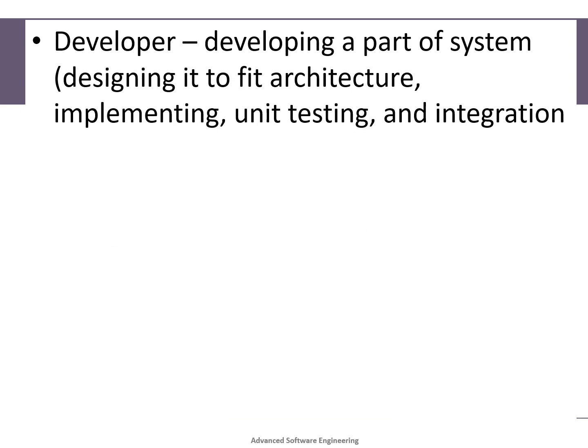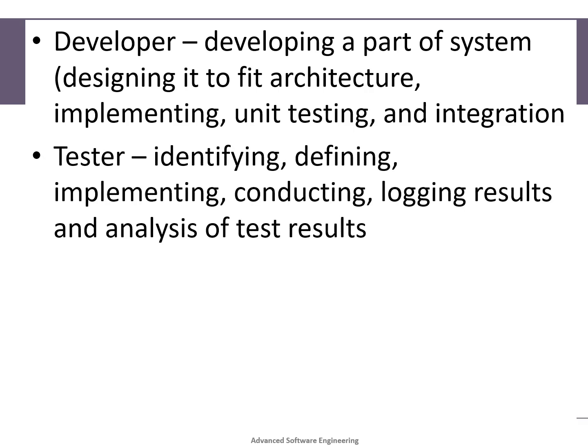The developer is the other role, in a small team most probably, who develops the system, developing a part of the system, maybe one person, designing it to fit the architecture, implementing, unit testing, and integration.